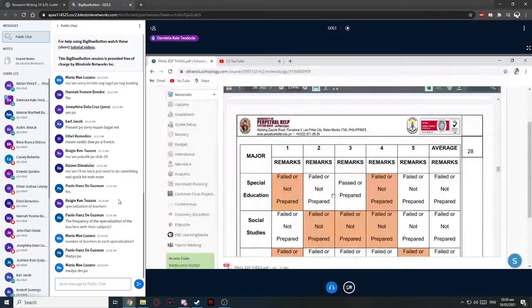Ang alam ko sa inyo, marami kayong demographic profile, di ba? May iba sa inyo na maraming demographic profile. Lahat po yun, kailangan yung gawa ng table and interpret and analyze it.